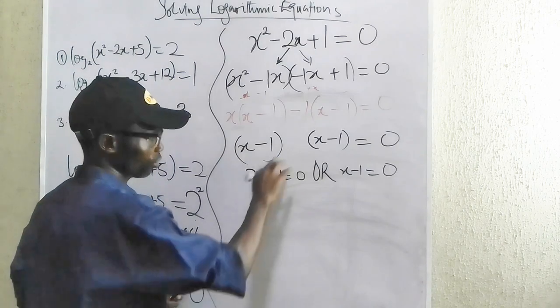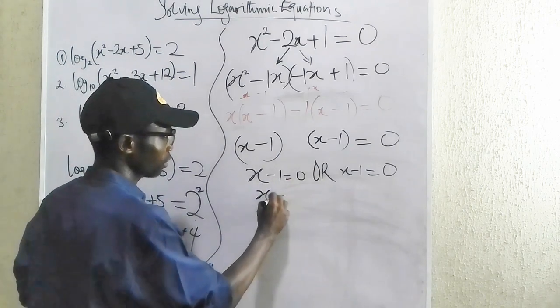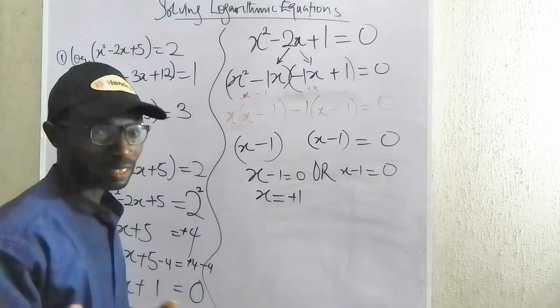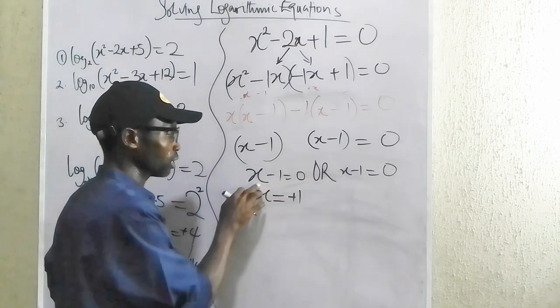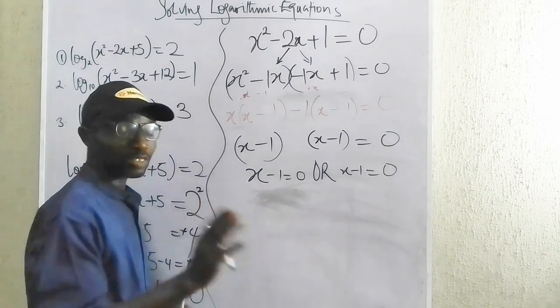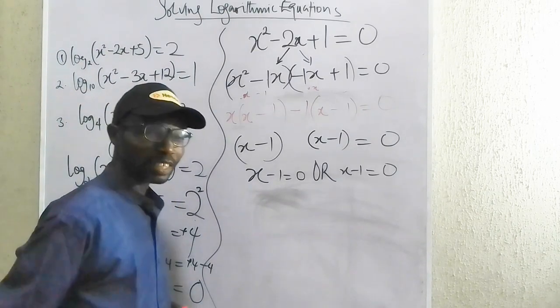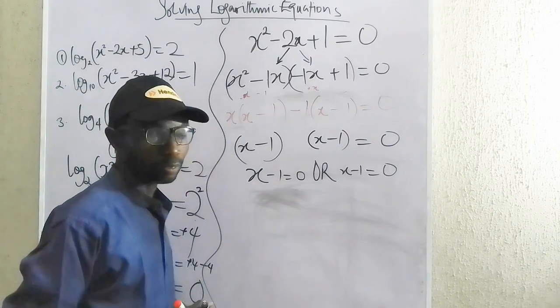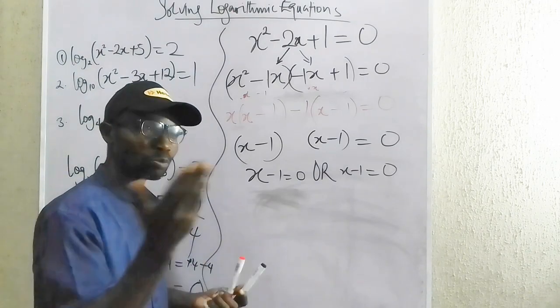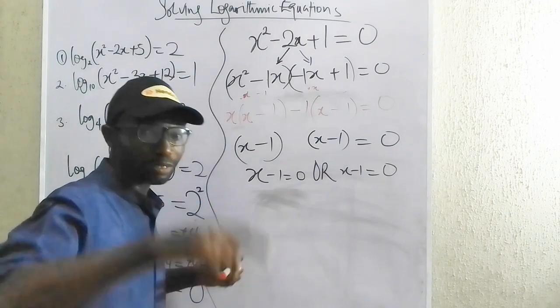So this x comes here, becomes x is equals to what? Plus 1. Actually what we did was the additive inverse. I want x to stand alone. What is stopping x from standing alone? Minus 1, okay? So what is the opposite of minus 1, so that they will both, in quotes, kill themselves?